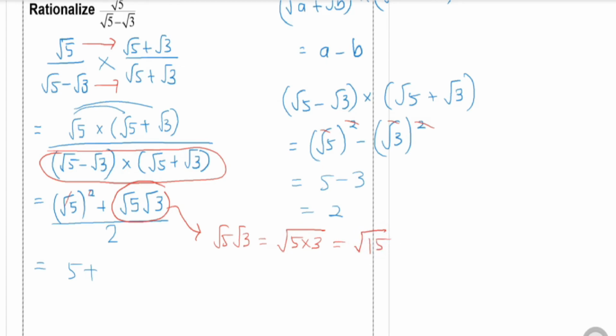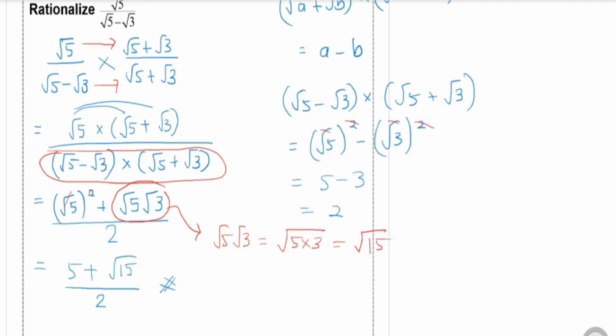So √5 √3 is just √15. So we will have 5 + √15 as our numerator, and the denominator is just 2. So this is the final answer. We have rationalized the denominator.